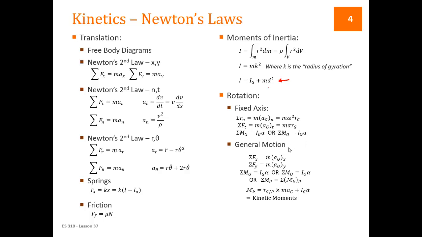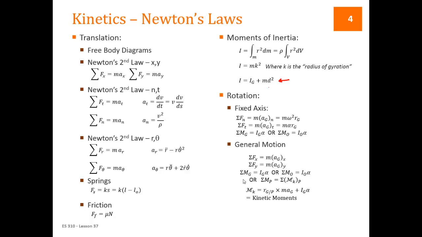In general motion, we fall back to the x and y coordinate systems, which are more generic, and we've got the forces in the x is equal to mass times acceleration in the x, forces in the y, mass times acceleration in the y.